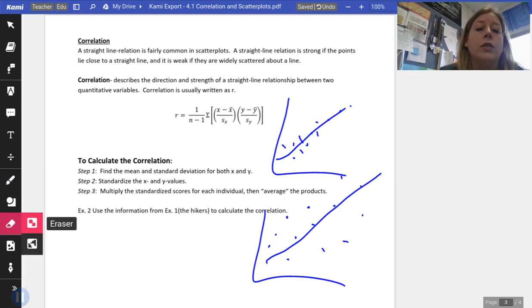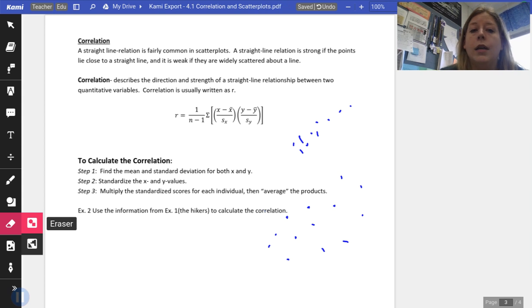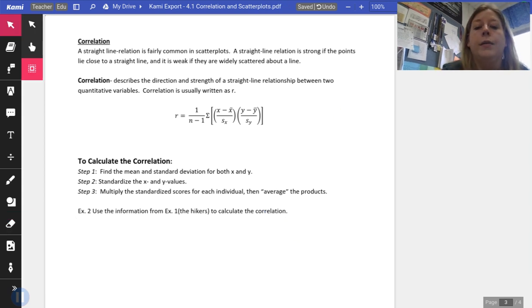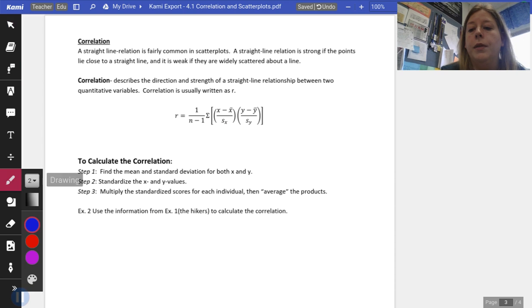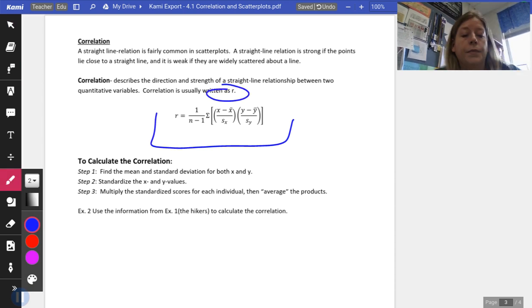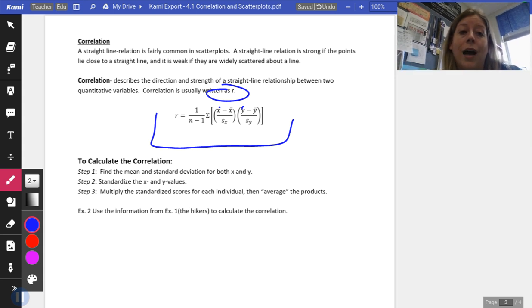So this is not just an estimate. This is an actual calculation. And you see that we've got this giant formula here. Correlation is written as R. So where do these letters come from? The X and the Y are from the coordinates of each dot.